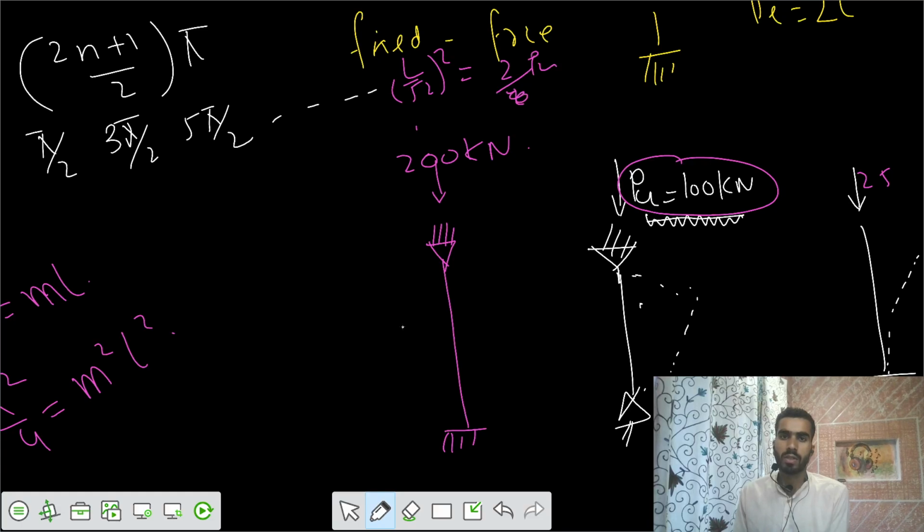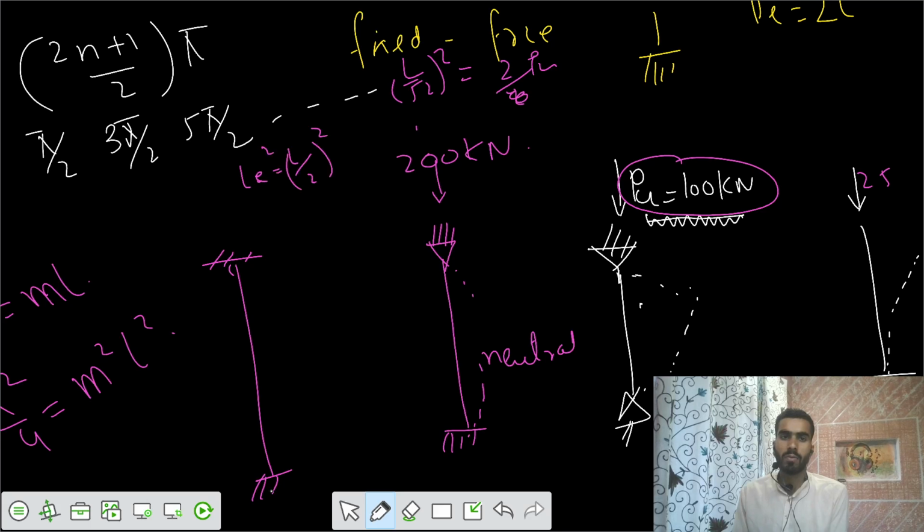So on 200 kilonewton, your neutral equilibrium is reached. And for the fixed-fixed column, L effective was equal to L by 2, so 2 square, that is 4 times. So at 400 kilonewton your neutral equilibrium arrives.